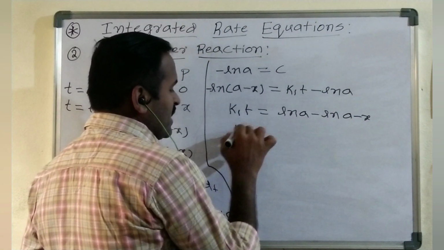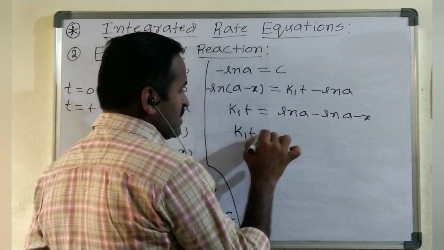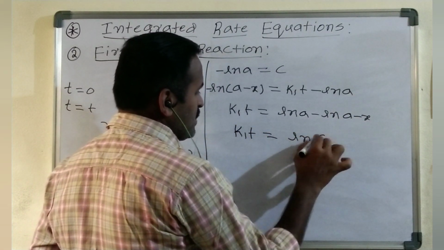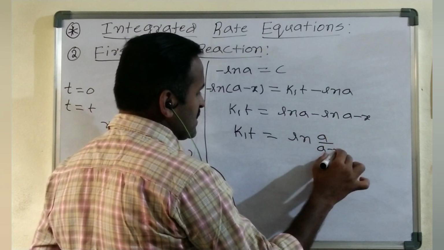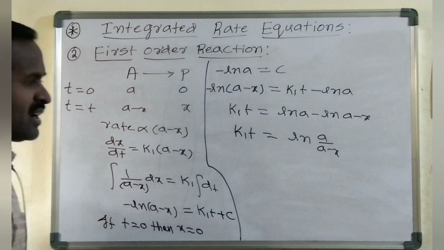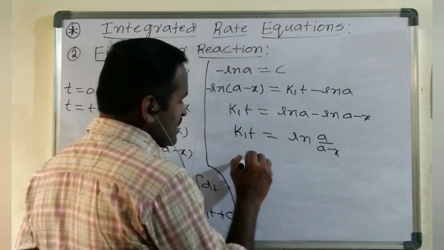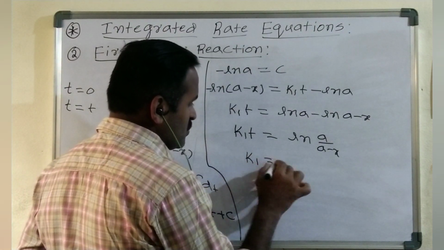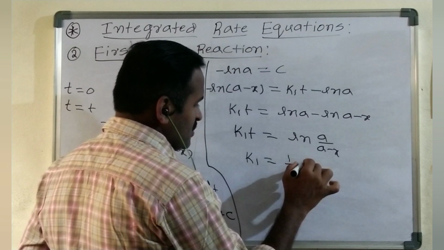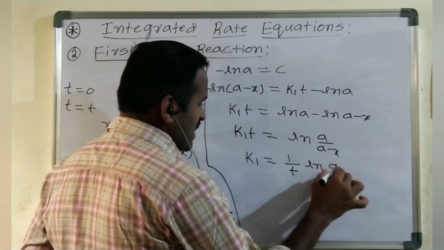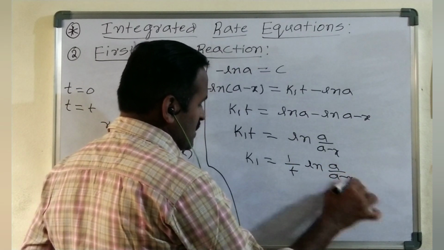So k1 into t equals ln of a by a minus x, because of the log m minus log n formula, and I can write k1 equals 1 by t into ln of a by a minus x. It is a simple one.